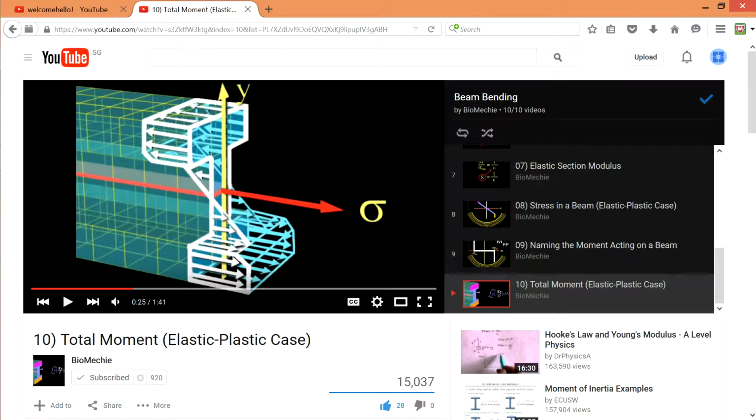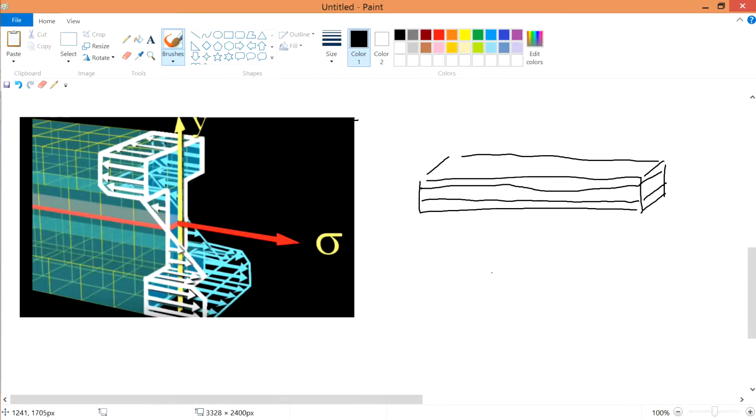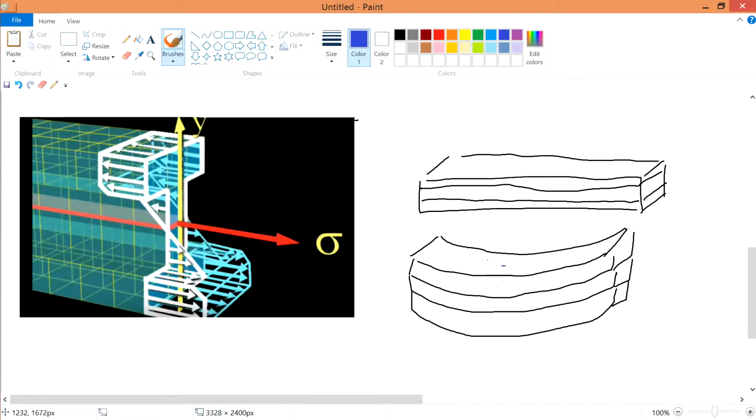Let's crop this out. Here you have a beam. I actually slice it into three parts, and if I were to bend it, this top part is going to experience a compressive stress, while the bottom one will experience a tensile one.